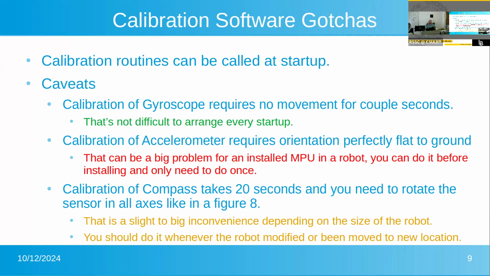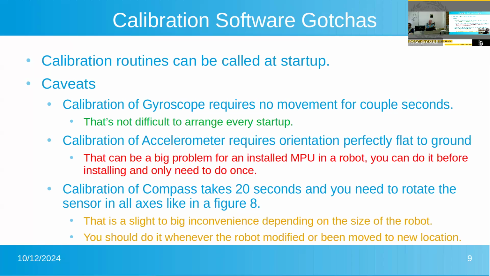However, calibration of the accelerometer, using the routines that I told you about and the software that we have, requires the orientation to be perfectly flat to the ground, like using a bubble level.